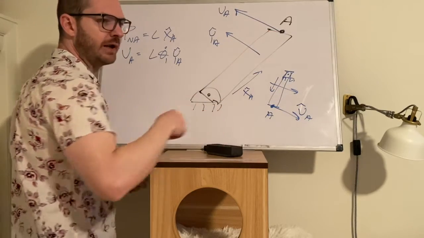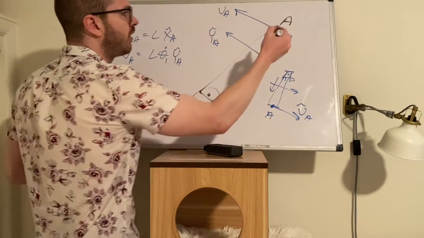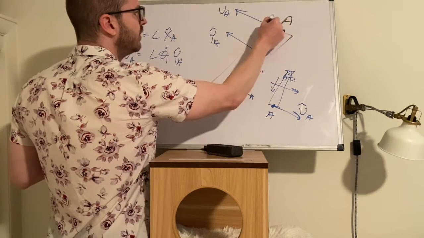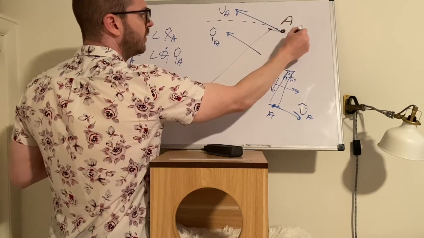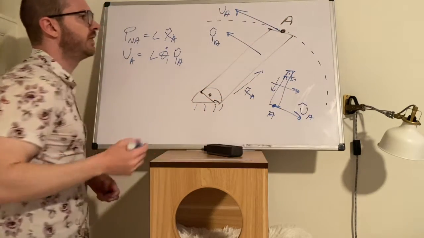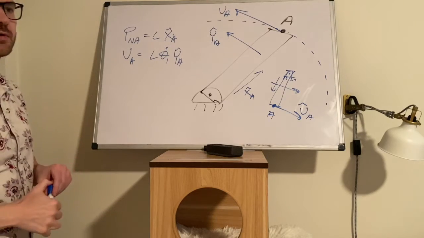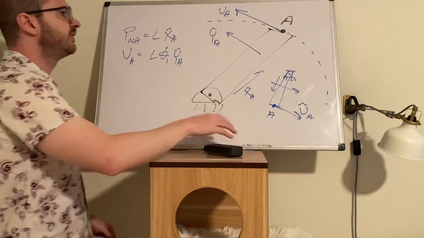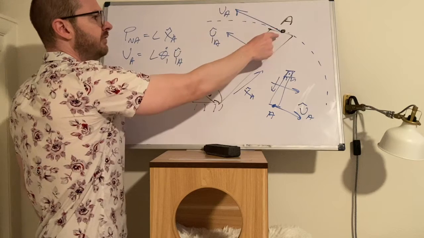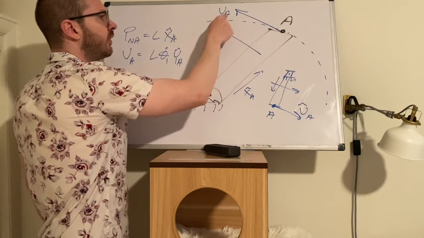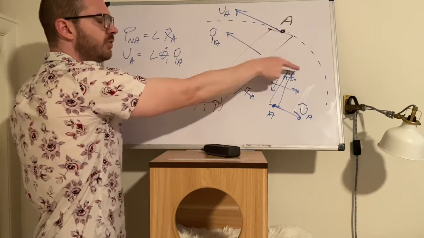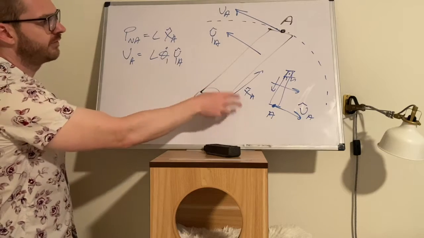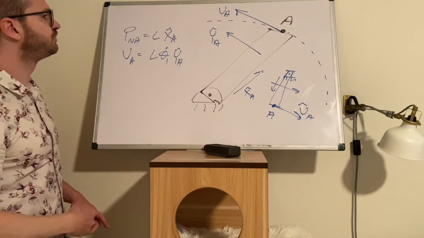It's always going to be pointing off the side. Recall, how does point A move? Point A moves in a circle. And the velocity of an object moving in a circle or some kind of curved path is tangent to that path. So the instantaneous velocity of A is always going to point tangent to the path of this circle, regardless of the orientation of this body.